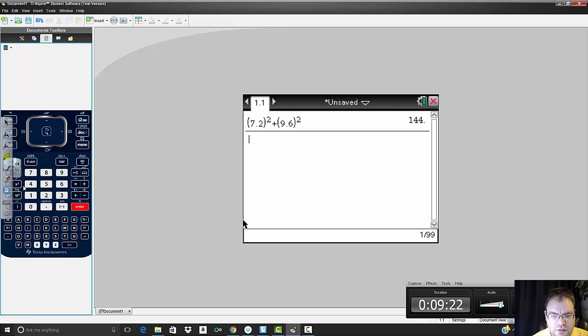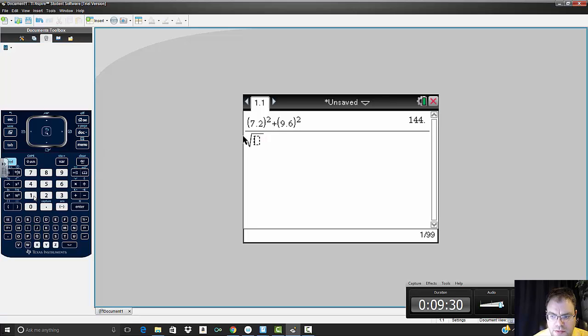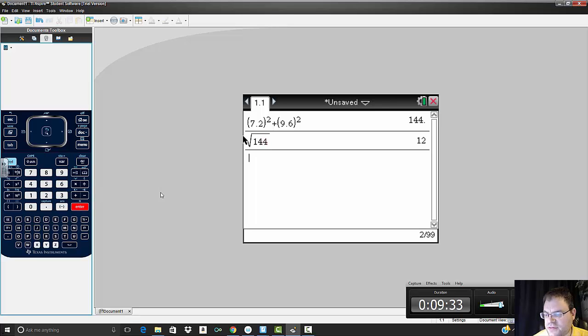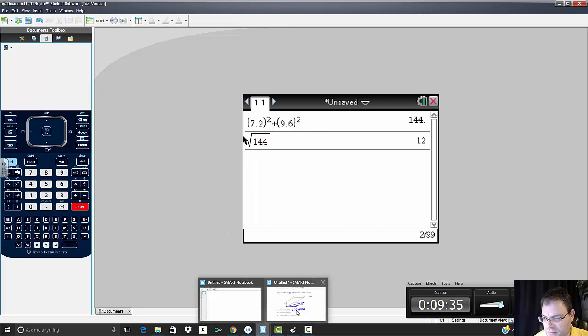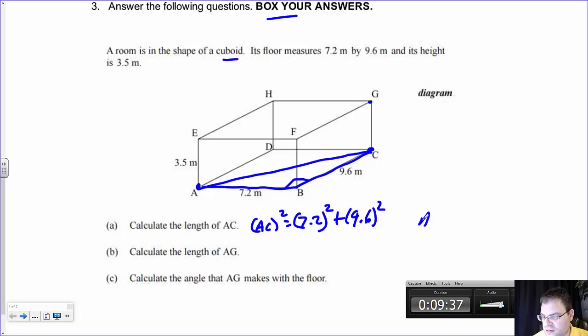And that's 144. So I'll take the square root of that, but you really should know that's 12. So let's prove it. Square root of 144. And that is in fact 12. So AC, that answer is going to be 12 meters.